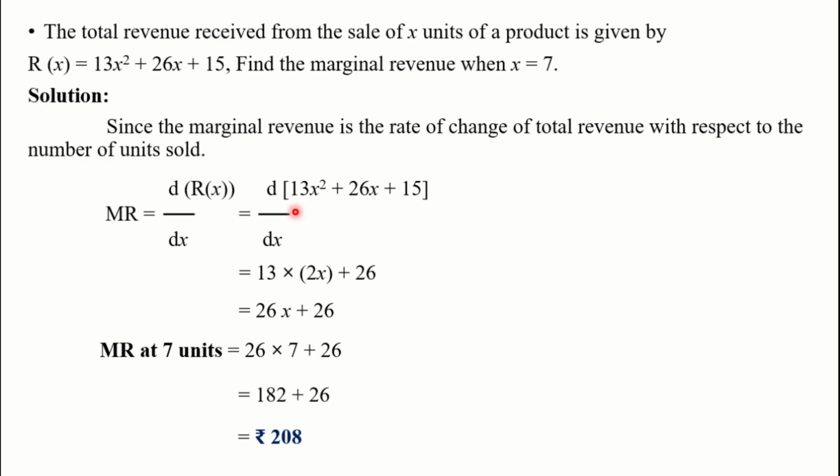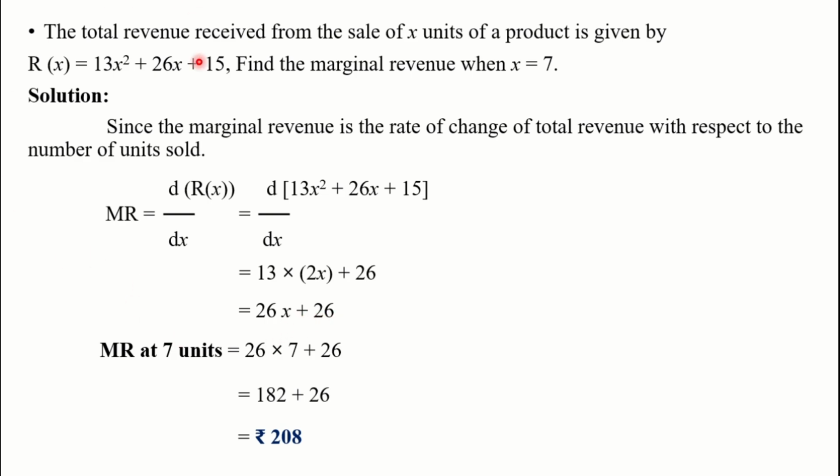The revenue function is 13x square plus 26x plus 15. The derivative of 13x square is 13 into 2x, plus 26. The derivative of x is 1. The derivative of 15 is 0. Marginal revenue function is 26x plus 26.